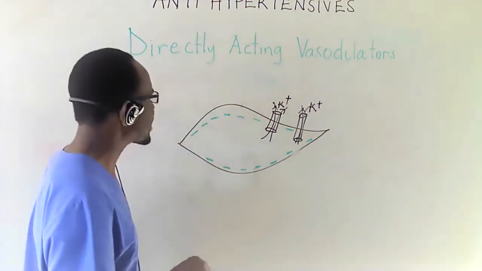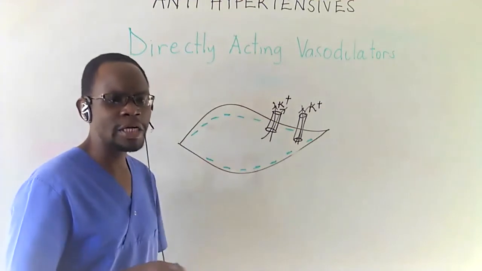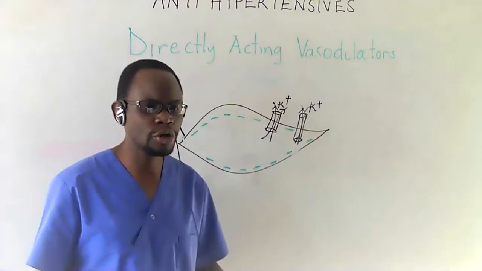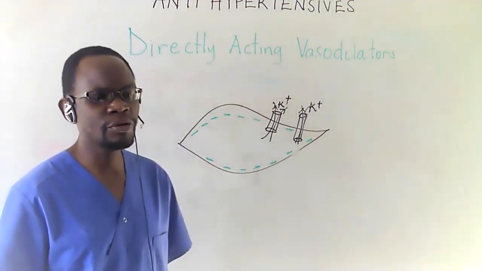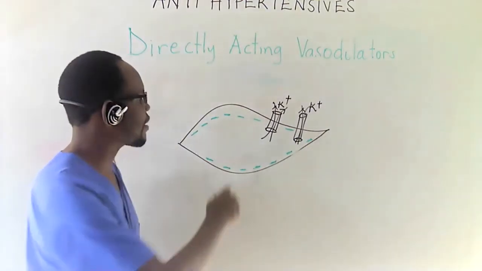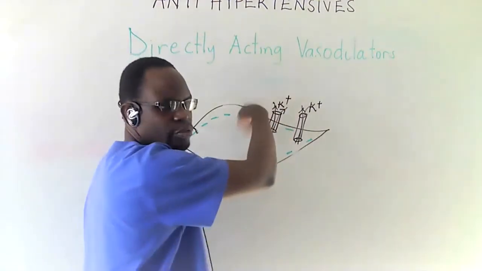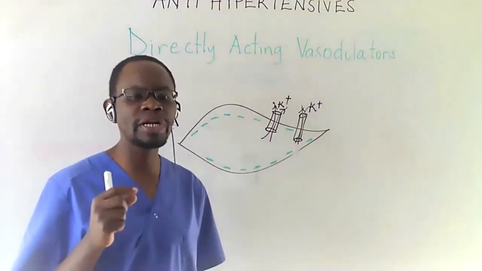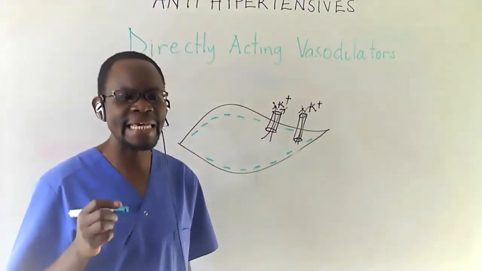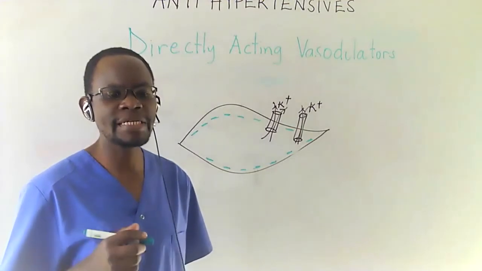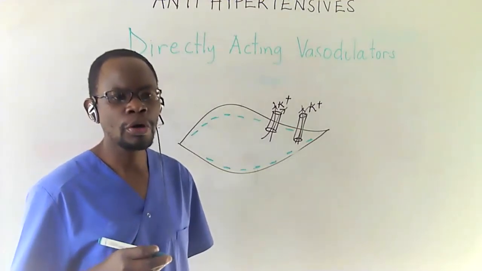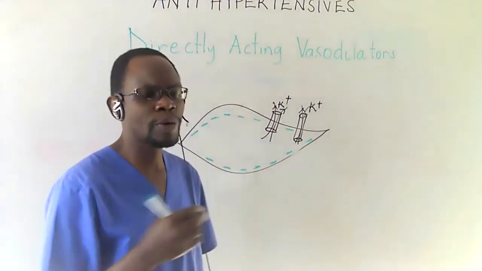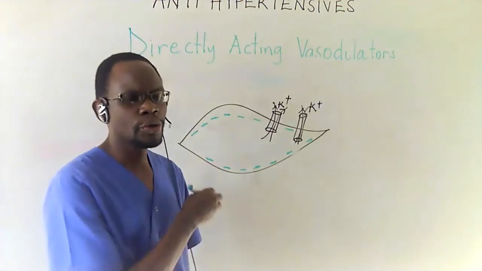So because of that, minoxidil and diazoxide cause relaxation of these arterioles, because they cause a lot of potassium to exit the cells, making the inside of the cells so electronegative, and making it very hard for a stimulus to elicit an action potential within the cell.